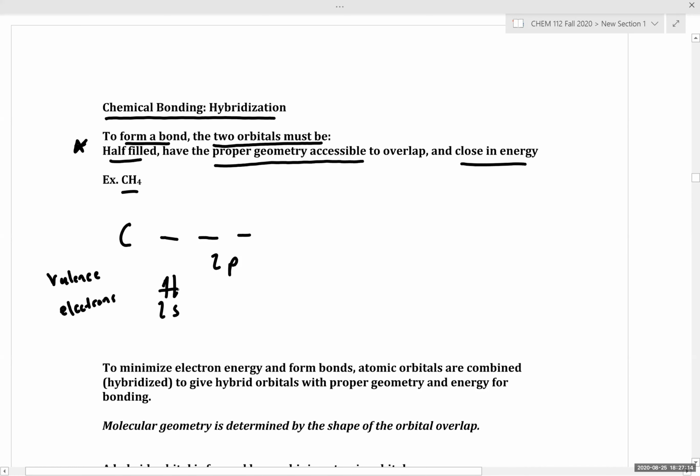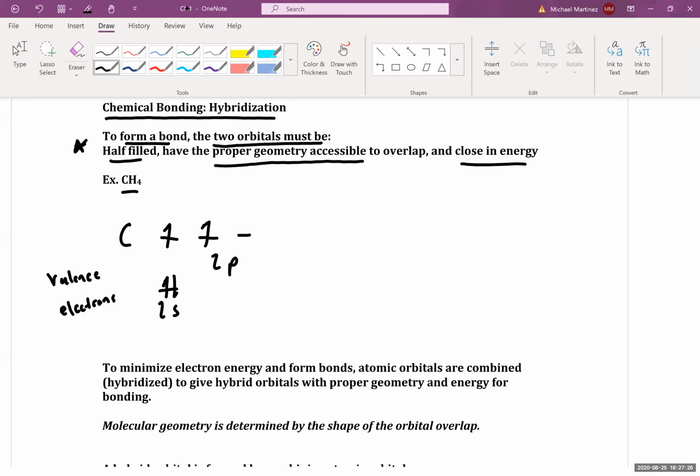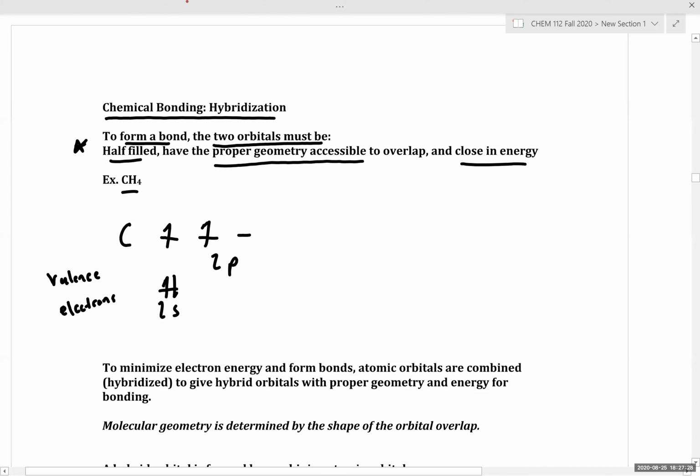We know carbon has 2 electrons in its 2s orbital and 2 electrons in its 2p orbital. So then, in terms of the maximum number of bonds that carbon can form under the current orbital arrangement, how many half-filled orbitals does carbon have?